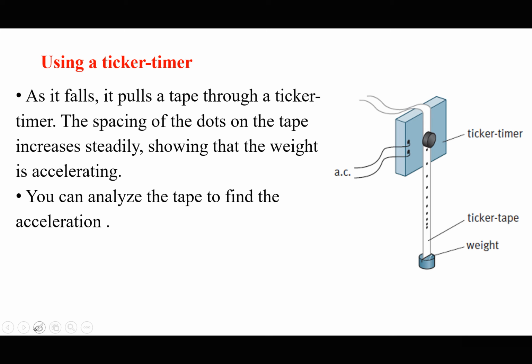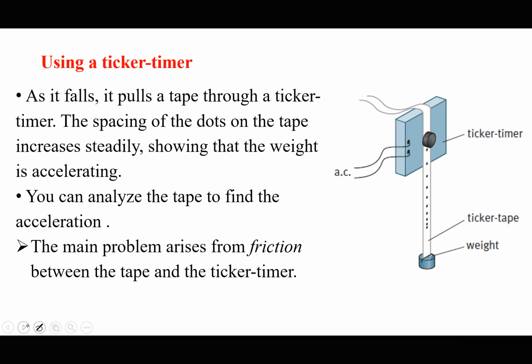So by analyzing the tape, we can find the acceleration, but of course here there is also a limitation. There could be friction. The main problem arises from friction between the tape and the ticker timer, which affects the free movement of the weight. But this could also give us the acceleration due to gravity of a falling mass using a ticker tape timer.